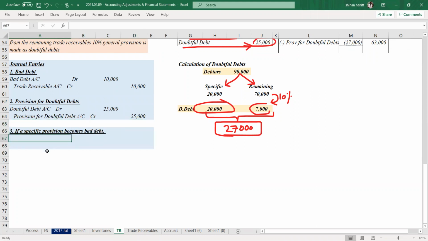Double entry. Can someone tell me the double entry? If a specific provision becomes bad debt. Debtors account credit. Receivables credit, because anyway we have to deduct from the trade receivables. 20,000.